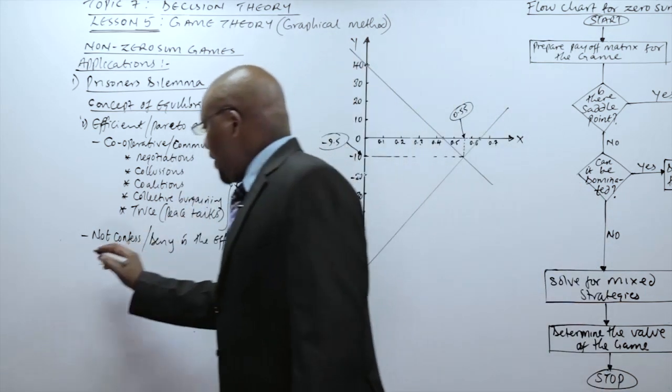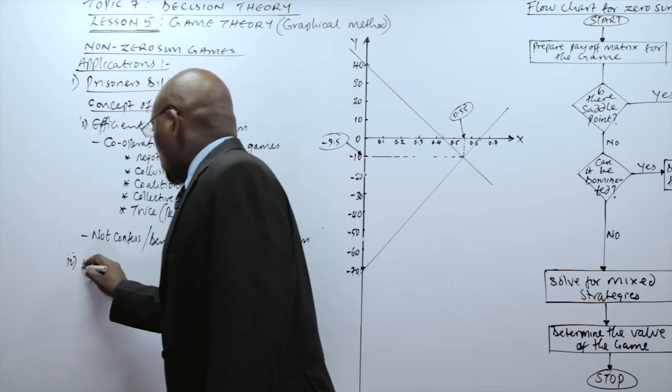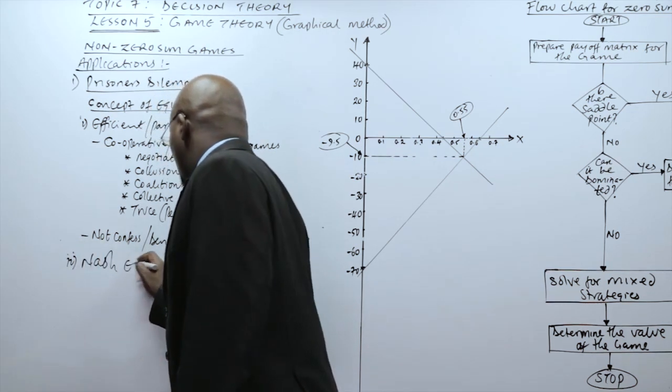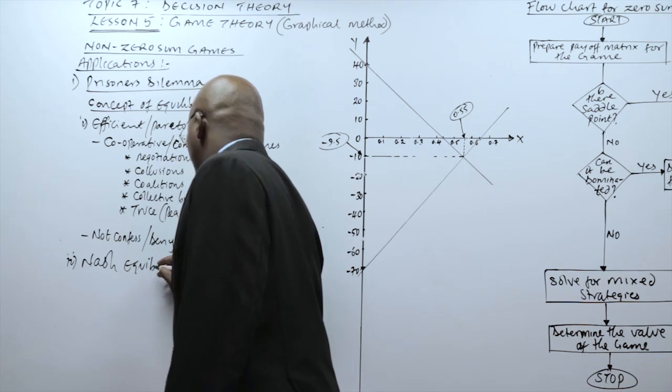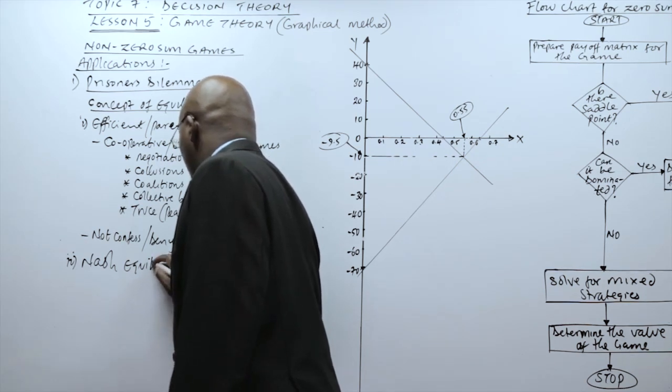Then we have the other one, Roman 2, called Nash equilibrium.